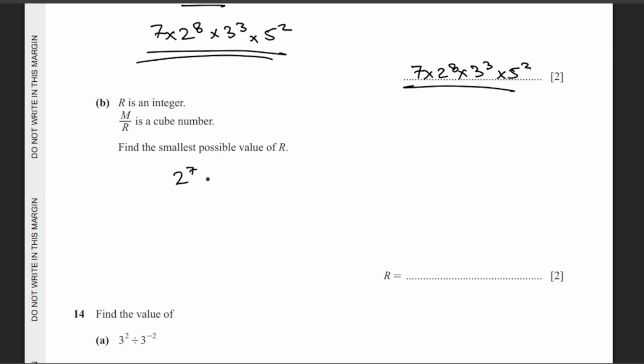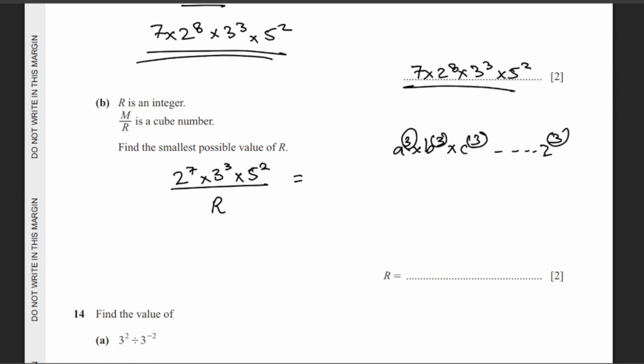That is M, over R, and it says that this is equal to a cube number. One rule to remember is that the prime factors of cube numbers would be like this: a to the power 3 times b to the power 3 times c to the power 3, whatever, up to z to the power of 3. It's always going to have a power of 3 on however many prime factors there are.